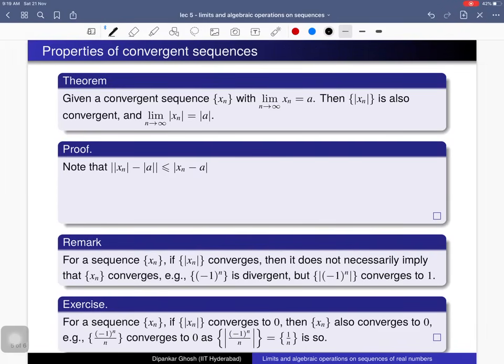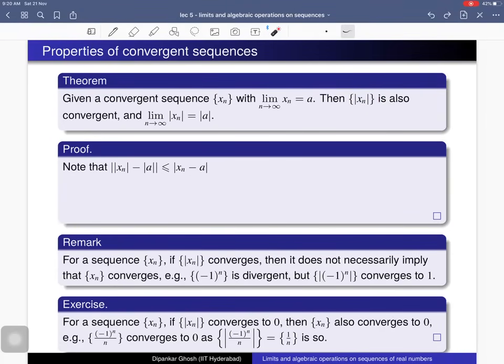And so here are some more results. If you consider a convergent sequence, so let's say xn is a convergent sequence, that means it has a limit, and suppose a is the limit. So limit n tends to infinity xn is a. Then what can you say about the limit of this absolute value?